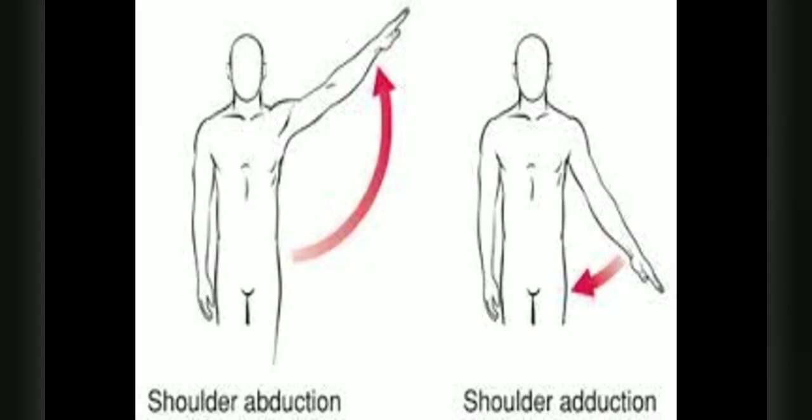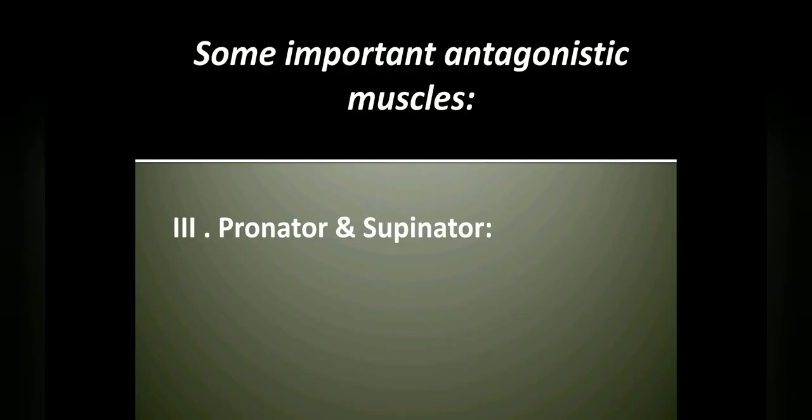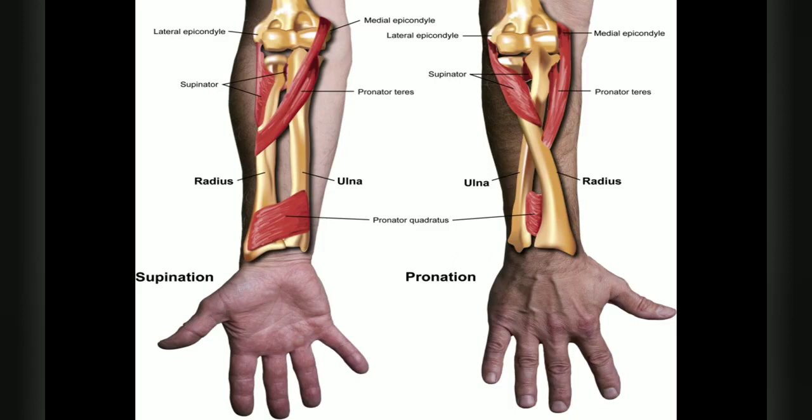Then third one is pronator and supinator. Best example is your palm. A pronator always turns the palm downwards, whereas supinator turns the palm upwards. So when you move your palm upside and downside, you can see which muscle is important here.